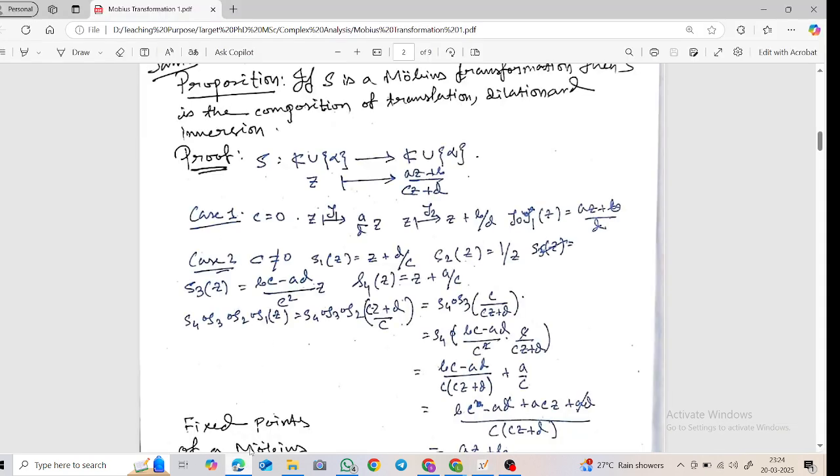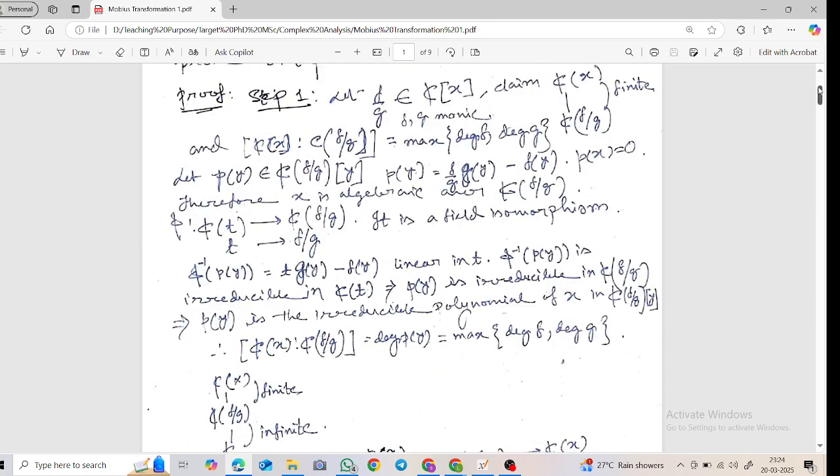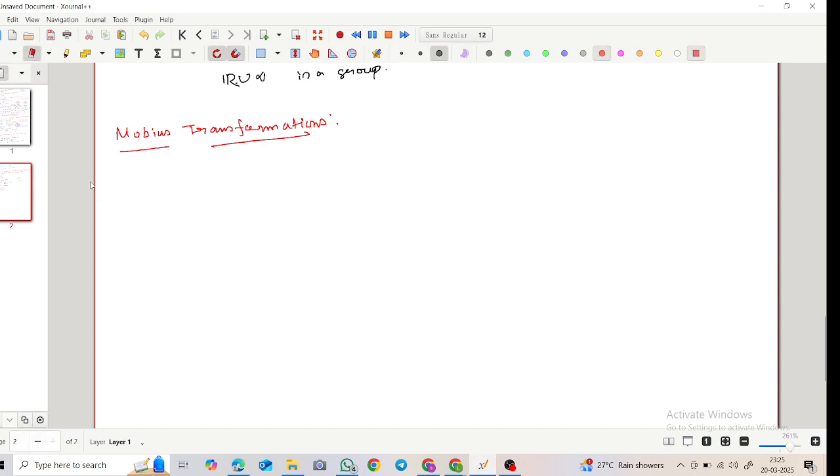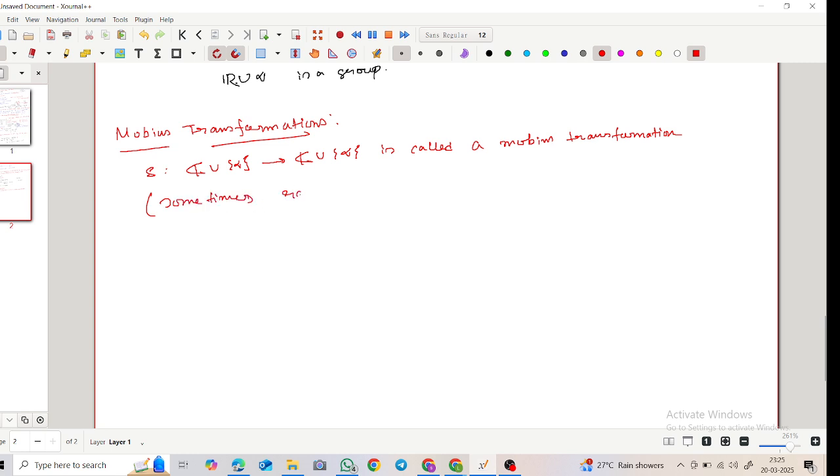Let's use the same notations. A map from C union infinity to C union infinity is called a Mobius transformation, sometimes rational or linear transformation.